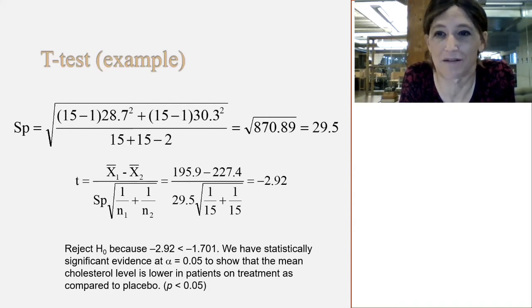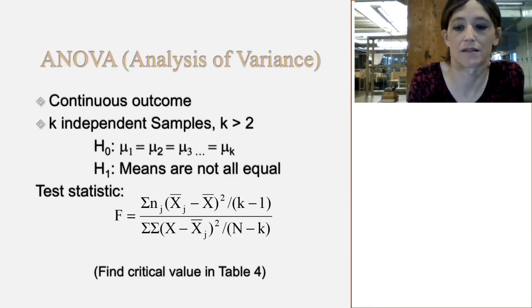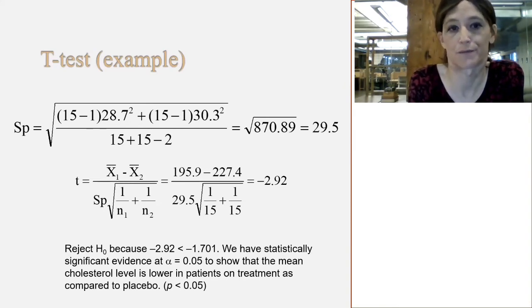But it really doesn't have intuitive meaning, right? Negative 2.9. So we look that up in the table 2 in your appendix in your book, or we let software calculate our p-value. So in this case, we can reject the null hypothesis and say that there is a difference between our two groups.